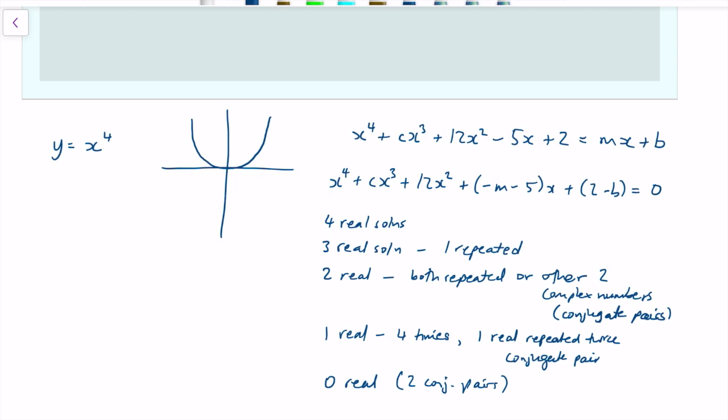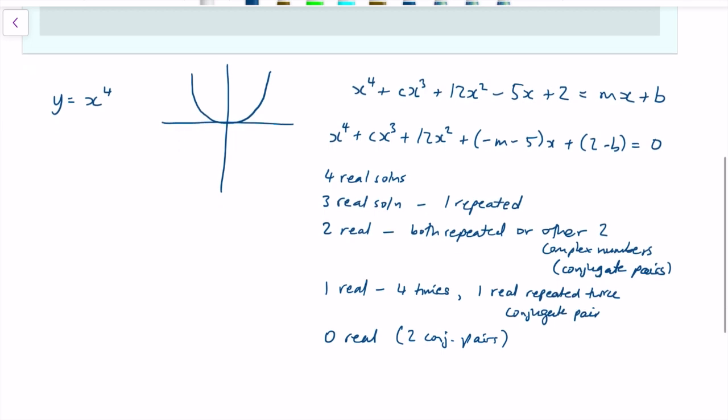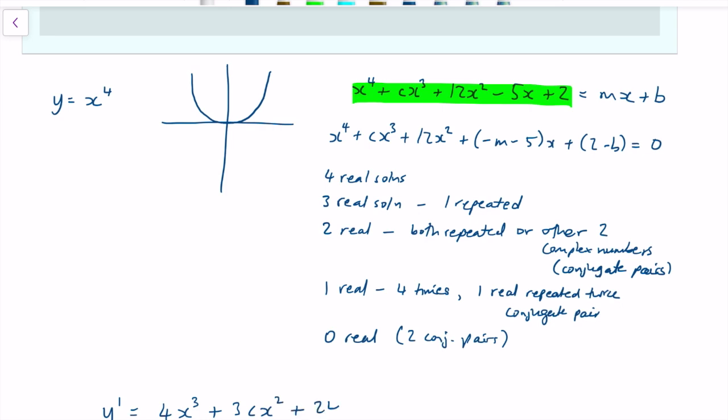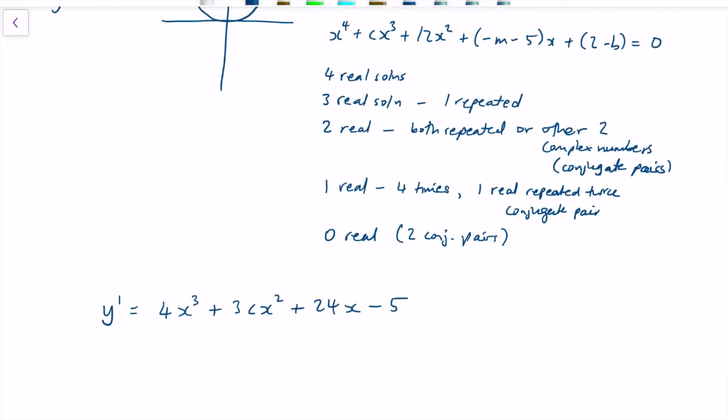So we can differentiate the polynomial, the original quartic, not the rearranged polynomial. So if we find the derivative there, using our NCA level 2 differentiation skills, at this point we want this to have 3 solutions.